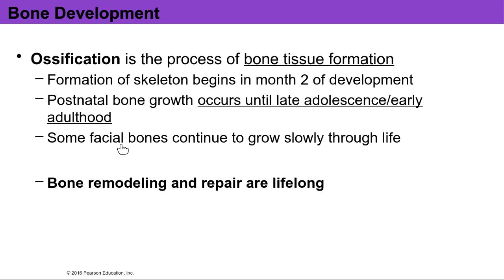All right, so facial bones do have a sort of continual but very slow growth throughout life. And part of the reason for that is because, well, we use our face a lot. We're using facial expressions a lot, and that sort of puts stress on our bones and stimulates bone tissue activity in terms of development, even later on.